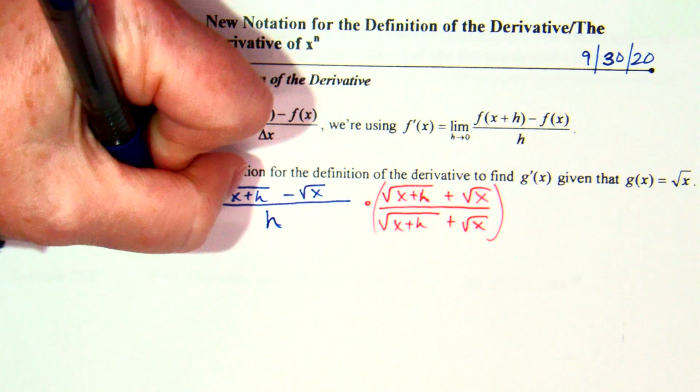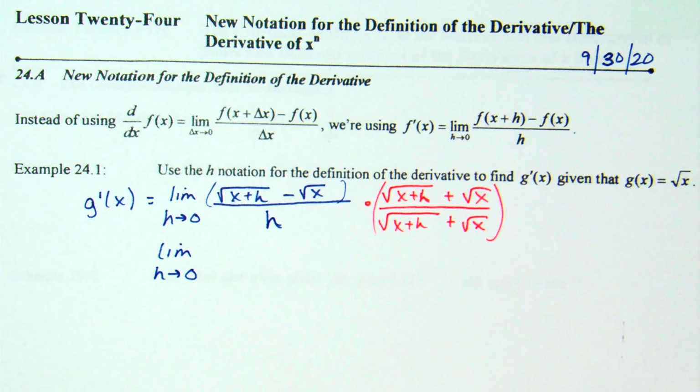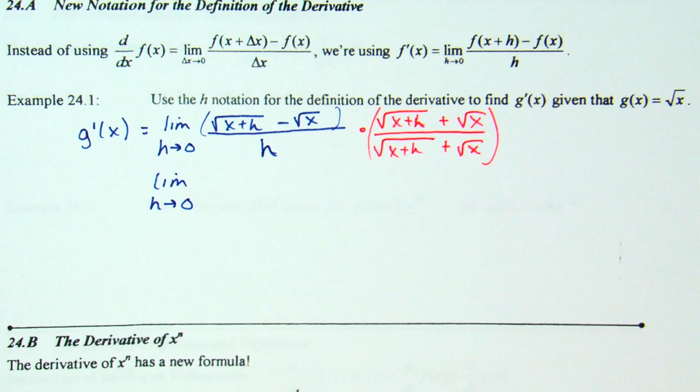Next line. The limit as h approaches 0. What do we have to do on top? This is FOILing. First, square root of x plus h times square root of x plus h, which is x plus h.